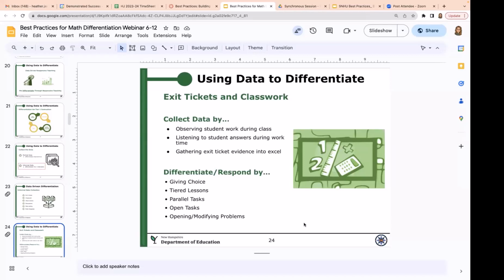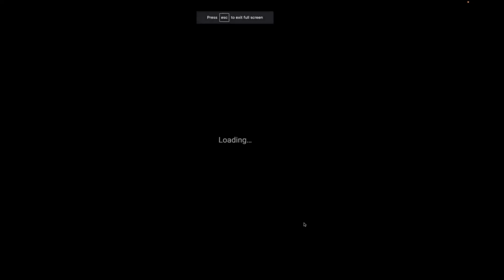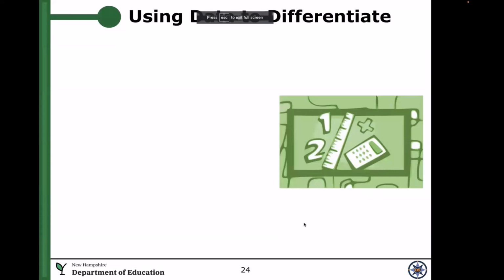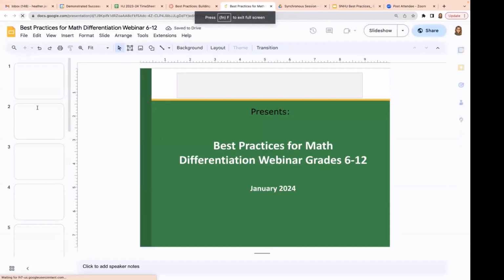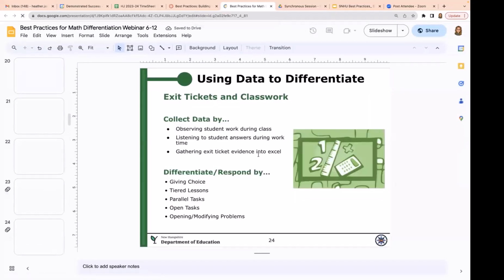We're listening to student answers during work time, whether that's with each other or a whole class, and then gathering exit ticket evidence into an Excel sheet. If you have common formative assessments, you can gather that data and then respond, not immediately, but the next day.